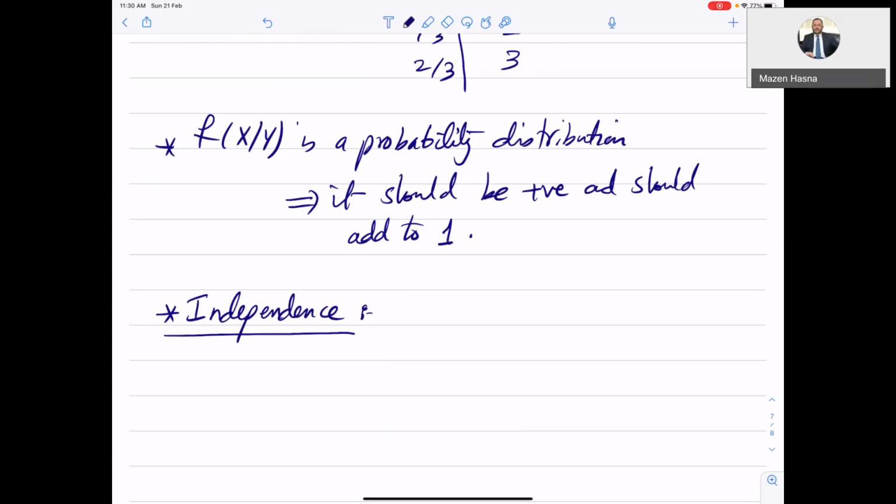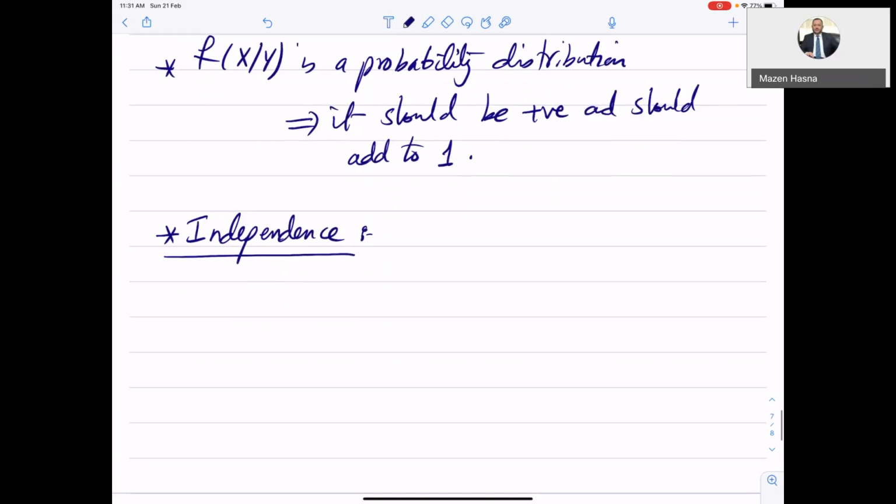As we will see, we'll study how two random variables behave if they are independent. How would they jointly behave if they are independent?